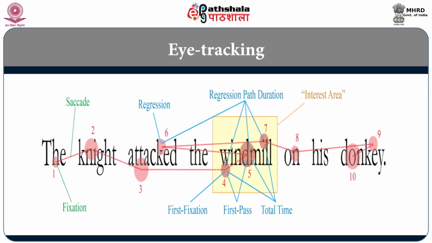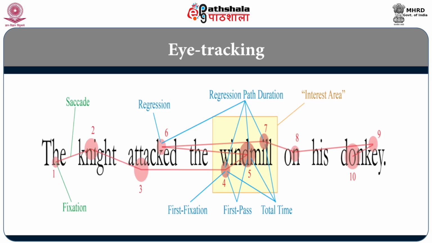Look at the eye movements. They're all marked. First fixation is the first word, 1, knight 2, attacked 3. Then your eyes go directly to windmill. What did the knight attack? Windmill. So number 4 is on the windmill. Number 5 is on the windmill.